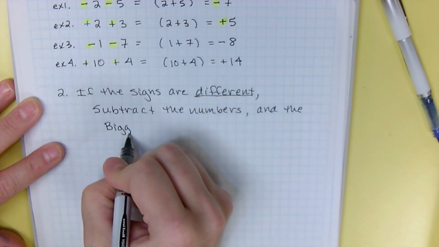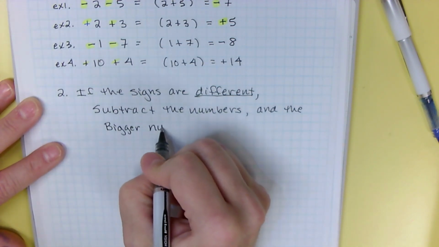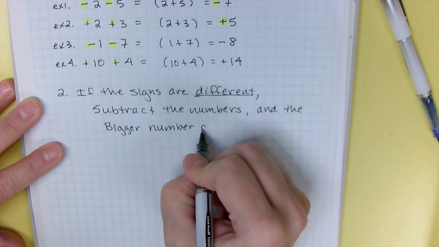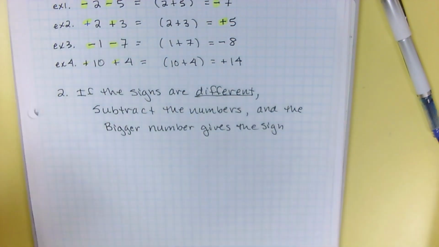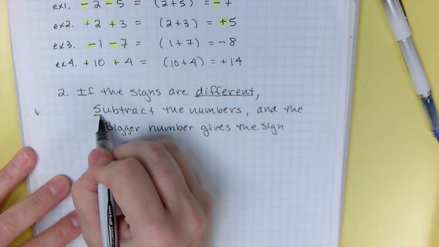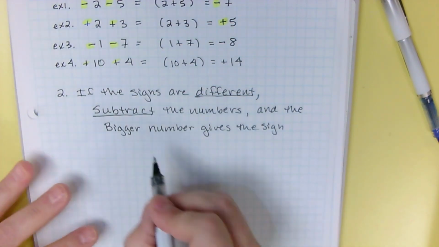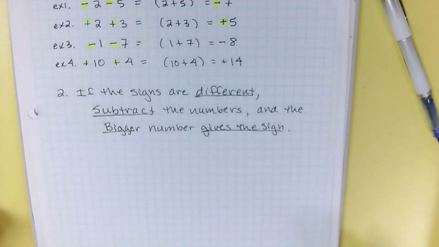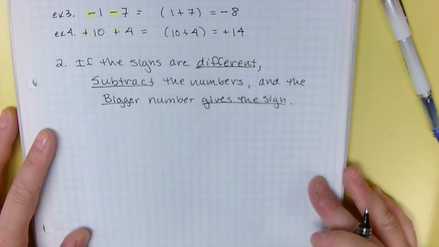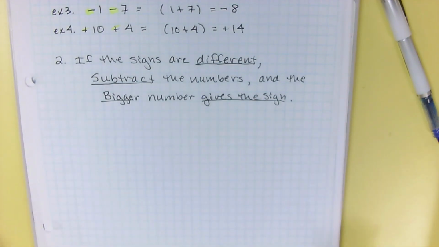The bigger number gives the sign. So if the signs are different, subtract the numbers, and the bigger number gives the sign. If the bigger number is positive, your answer is positive. If the bigger number is negative, your answer is negative. The bigger number gives the sign.